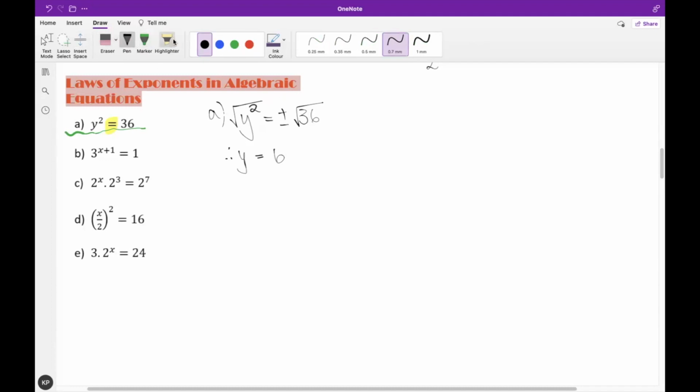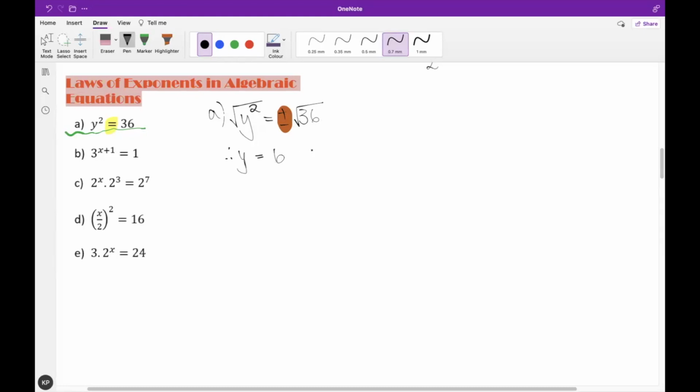What does this plus minus mean? Let's unpack all of this. What does this plus minus mean? Does anyone know? It means that y is the positive square root of 36, but it is also the negative square root of 36.